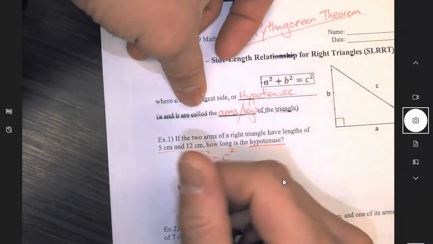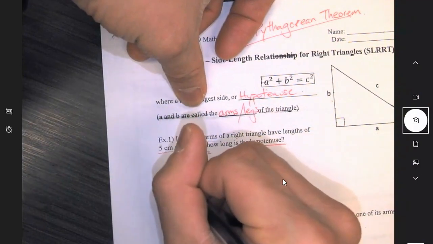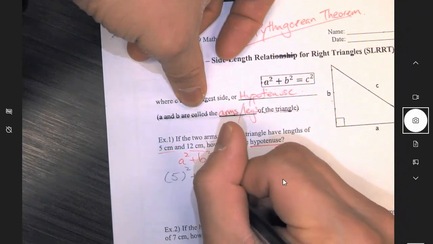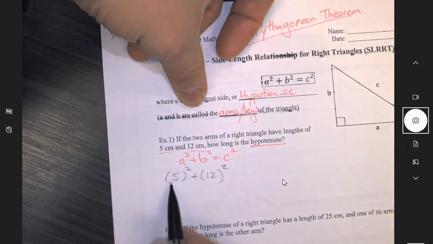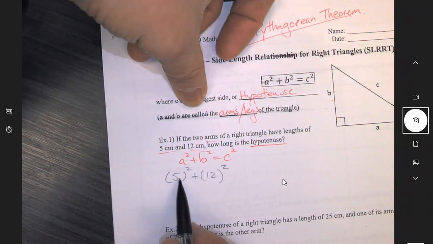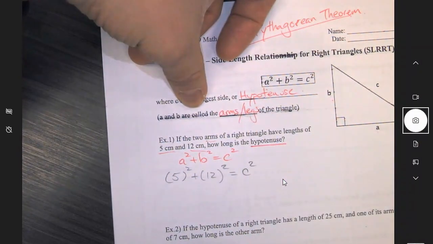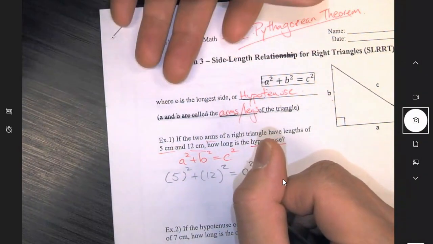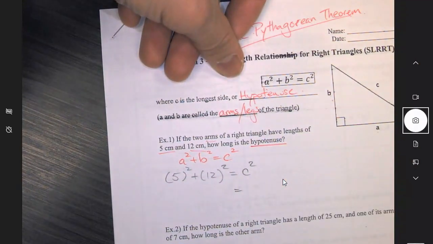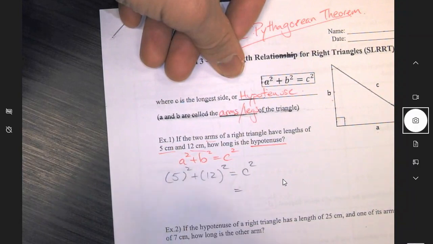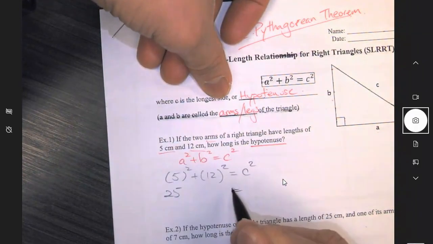So we're going to plug the numbers in: 5 squared plus 12 squared. You notice that I put the 5 inside the bracket and then squared, equals c squared. You can use your calculator and solve that, but 5 squared, 5 times 5, is 25.